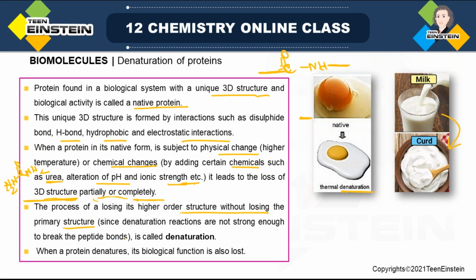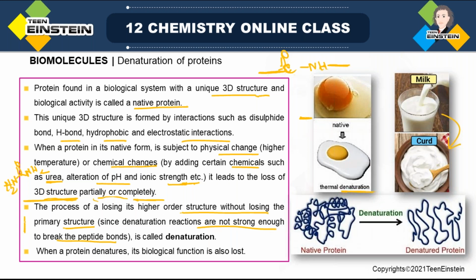Okay, so since denaturation reactions are not strong enough to break the peptide bond, the primary structure will remain intact, but other structures will be disturbed, and this is known as denaturation. This is important information. You may get a question like this: when denaturation is occurring, which structure has no effect? And the answer is it is the primary structure where there is no effect.